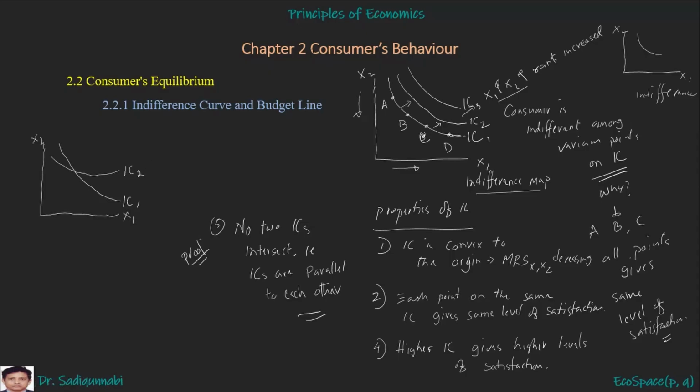Suppose these are two ICs. Now take some points. This is a common point B, this is A, and this is C. Okay, so let's go for the formal proof.